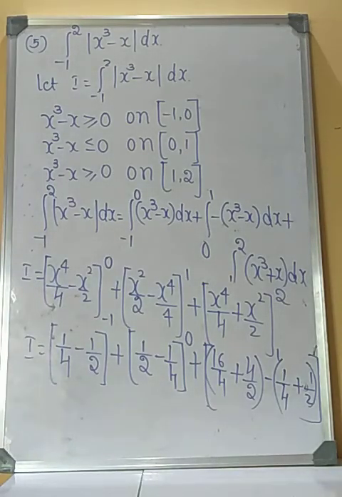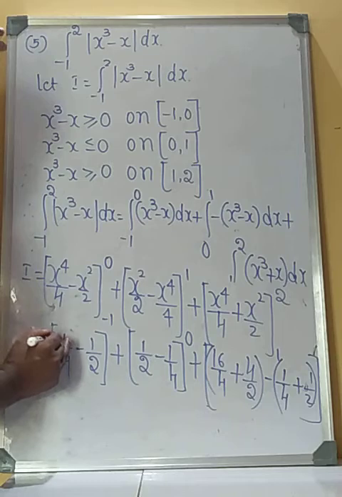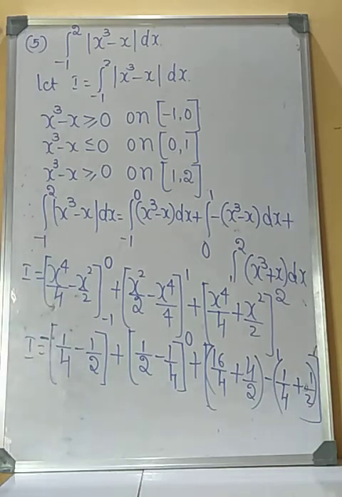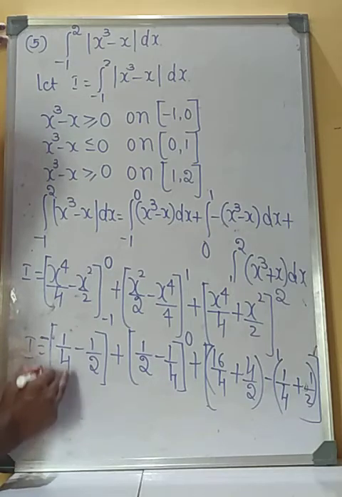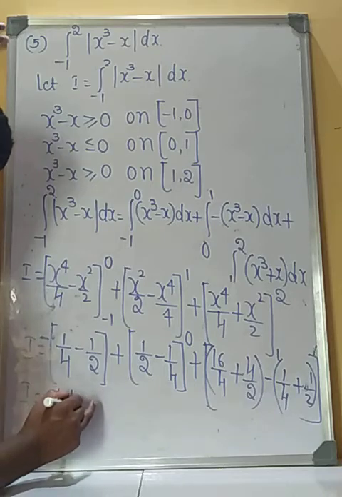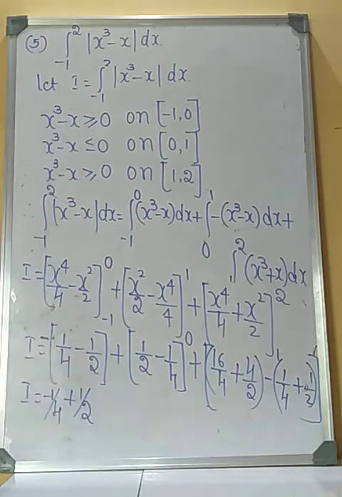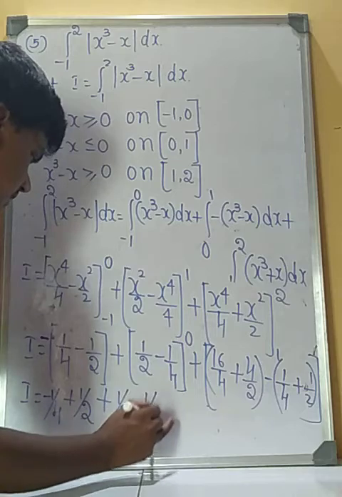The next, 1 by 4, here minus, take outside here, minus of minus 1 by 4. Therefore I is equal to minus into plus, minus 1 by 4 plus 1 divided by 2, minus 1 by 4 plus 1 by 2 plus 1 by 2 minus 1 by 4.